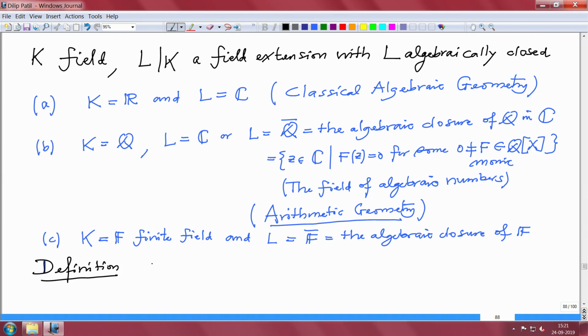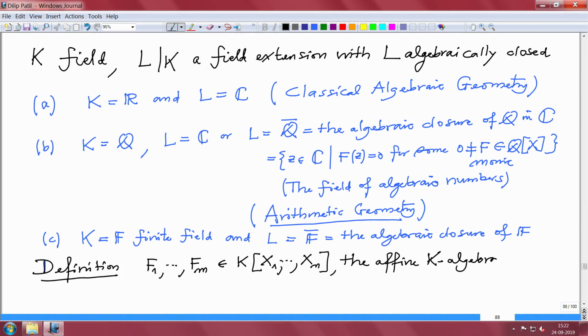We have finitely many polynomials f1 to fm with coefficients in the base field in n variables, and the affine K-algebraic set defined by these polynomials f1 to fm is V. Now, I have put a suffix L here, V_L of f1 to fm.